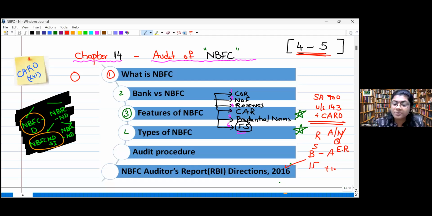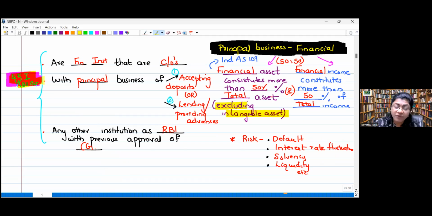As per section 45-IA, which deals with registration, NBFC means a financial institution, basically a company, whose principal business is accepting deposits or advances, or any other institution as RBI states.